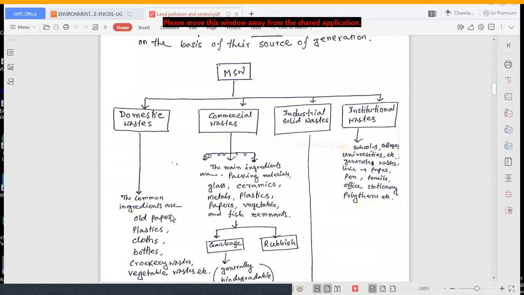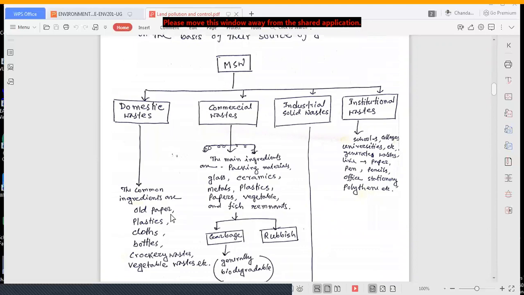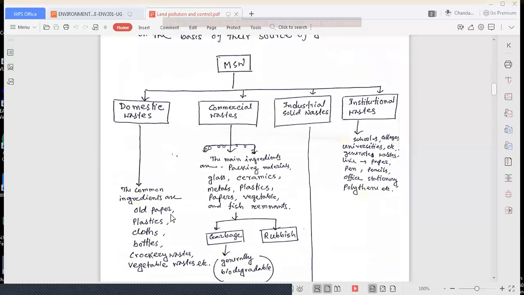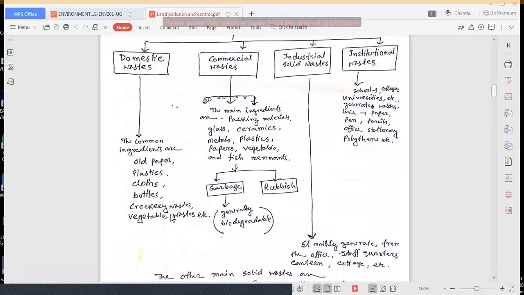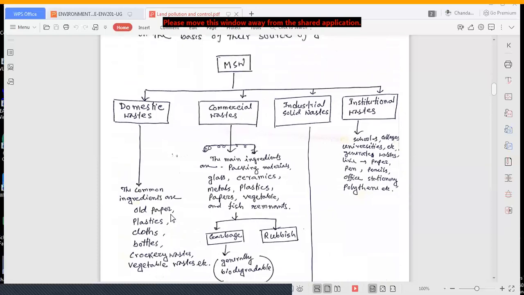Domestic wastes are mainly old paper, plastics, clothes, bottles, etc. Commercial wastes are mainly garbage, rubbish, ceramic, glass, metals, paper, vegetables, etc. Industrial wastes are mainly generated from the office, staff quarters, canteen, college, etc. The other main solid wastes are biomedical wastes, agricultural wastes, etc. And in institutional wastes, school, college, university, etc. generate wastes like paper, pen, pencil, office stationery, particles, polythene, etc. So this is the classification for municipal solid wastes.